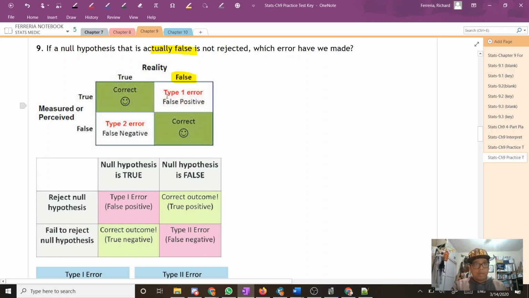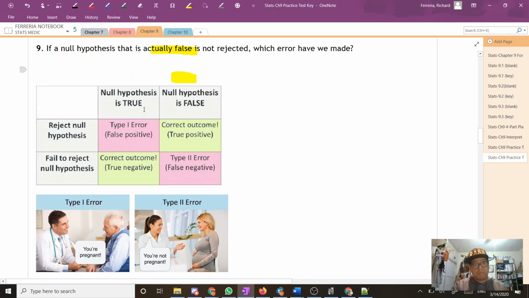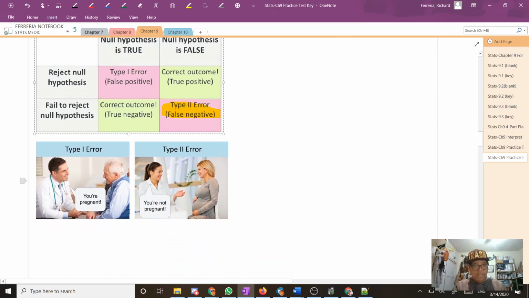I'm going to kill this chart here, and go to this chart and say, hey, the null hypothesis is actually false, and we failed to reject it. That means that we made a type 2 error. That's the actual answer. I don't know what that other part was saying. So this is a type 2 error.